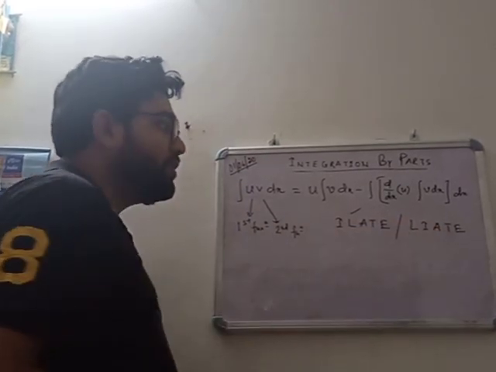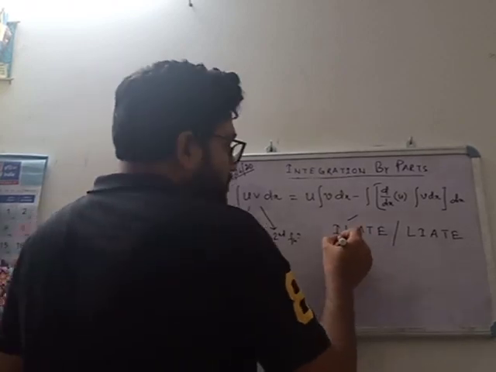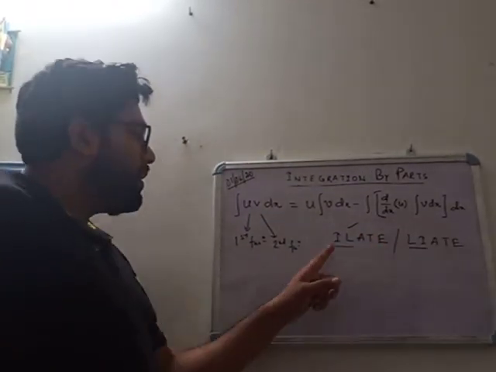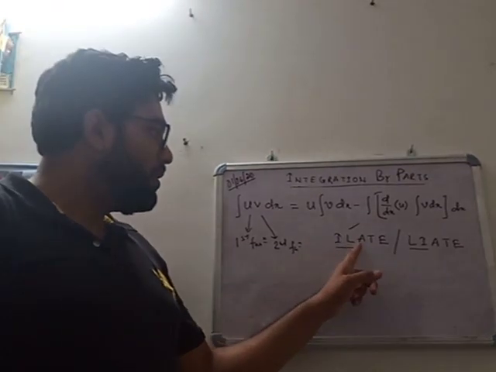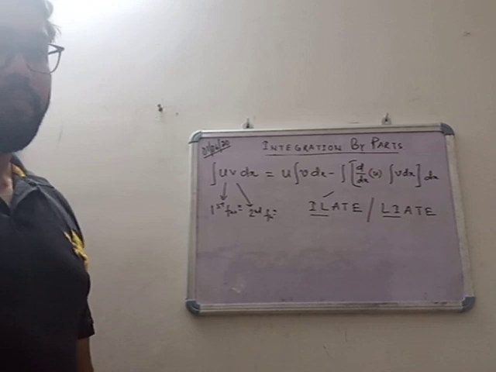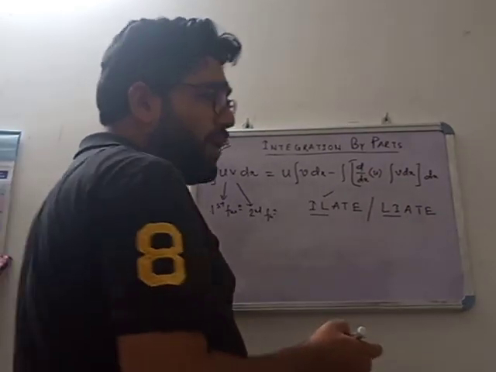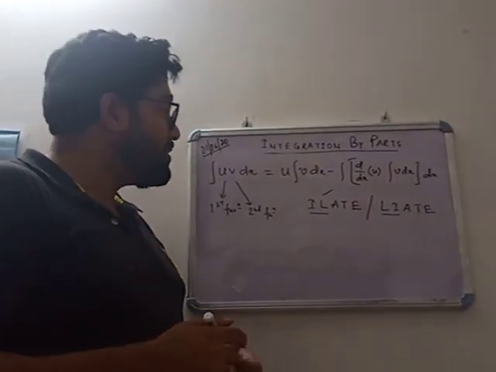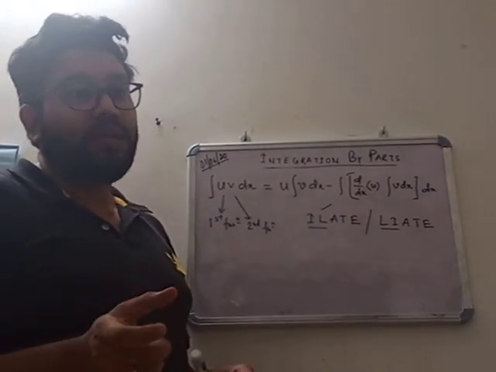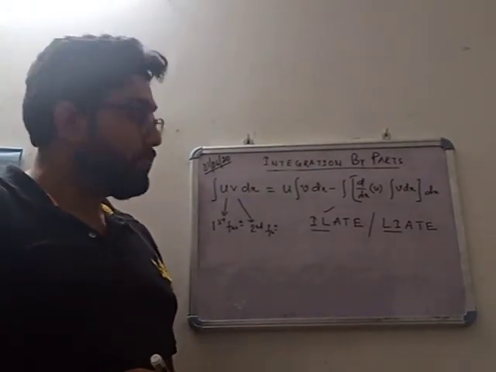There is no difference between ILATE and LIATE because we cannot choose an inverse function and a log function both in a by parts. You can find when you are doing the sums that an inverse function and a log function will not be given together in the sum.